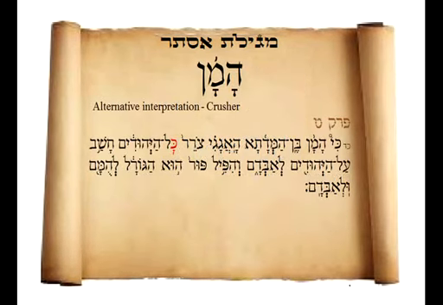An alternative interpretation of the name Haman is the crusher. In chapter 9 we read, "Ki Haman ben Hamedata Hagagi tzorer kol hayehudim chashav al hayehudim le'abdam vehipil pur hu hagoral lehumam ule'abdam."